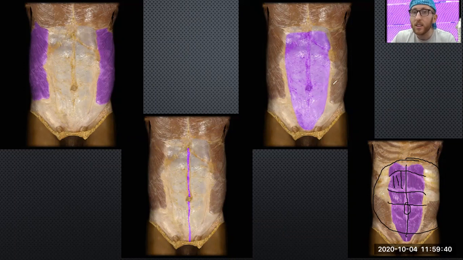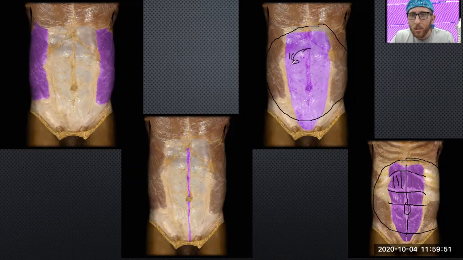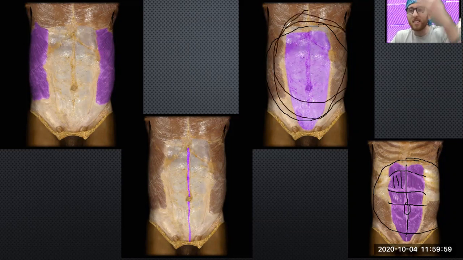That is different than what we call the anterior rectus sheath, which is a piece of connective tissue covering the rectus abdominis. Notice how you can't really even see the muscle fiber orientations on this picture up here because it's got that rectus sheath on top.